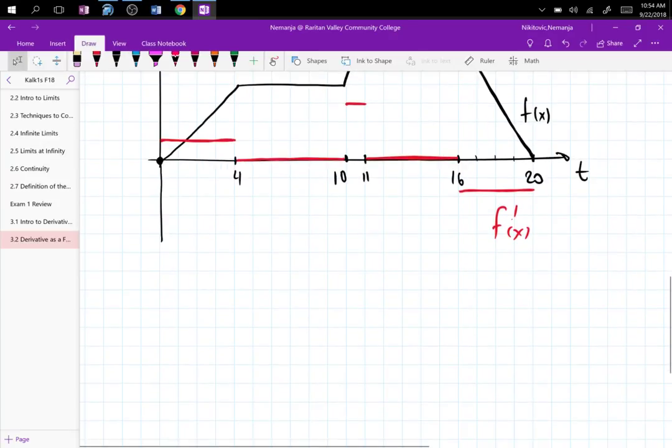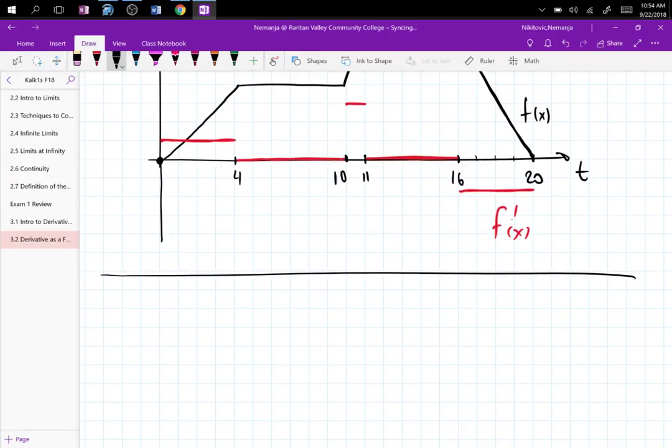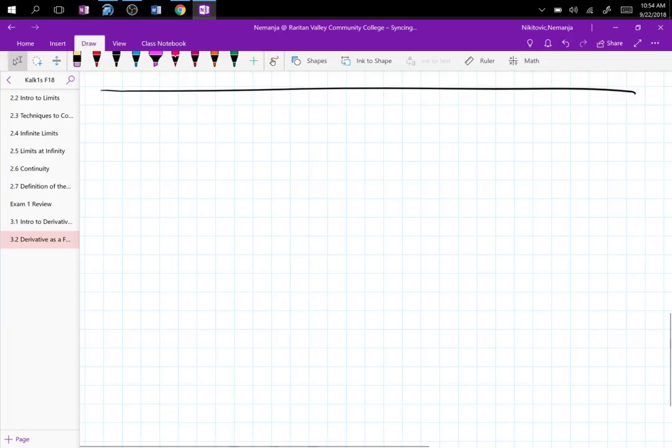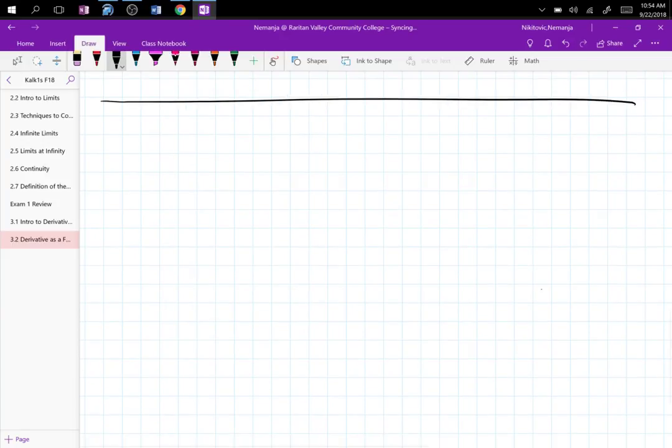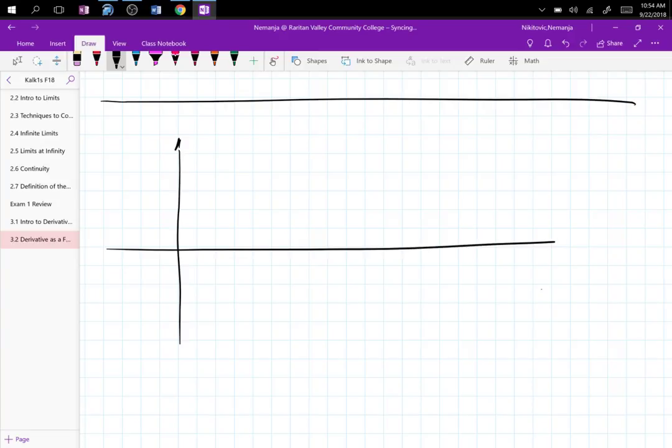So let's take a look at an example that you are going to definitely see on your homework and next exam if you want it. And that is an arbitrary function that is drawn on a set of axes, and then you're supposed to provide the derivative for it, the graph of the derivative.